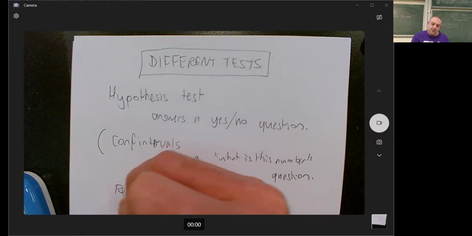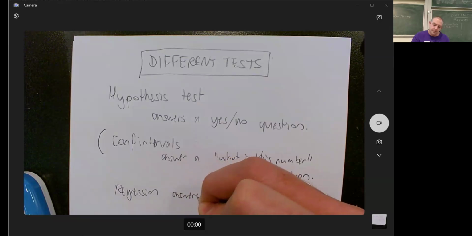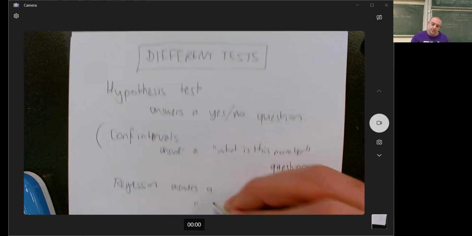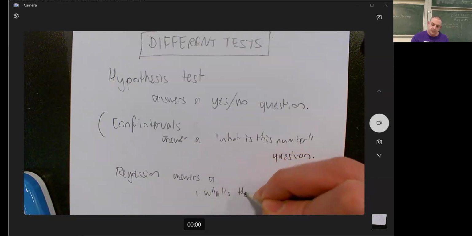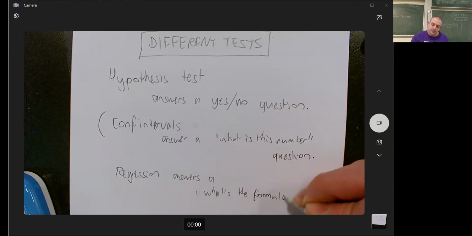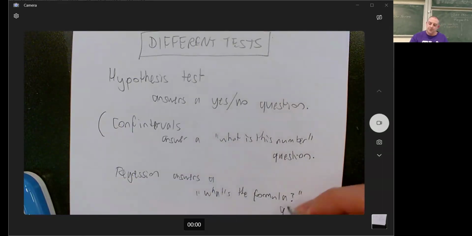And regression, what's the formula sort of question.